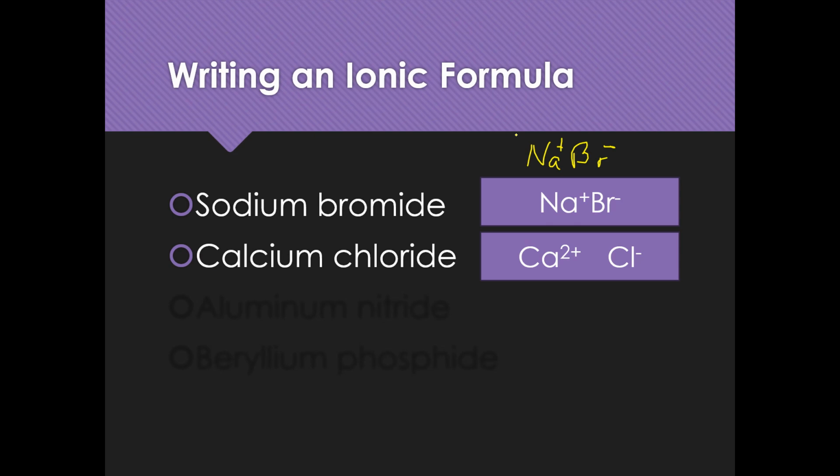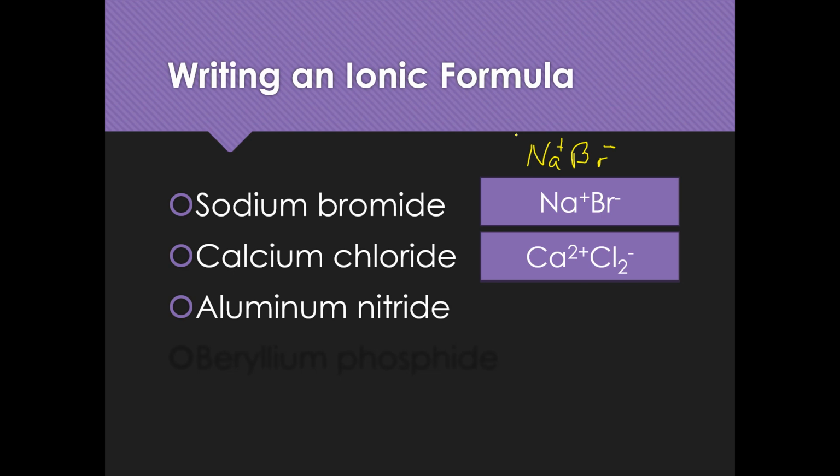Now we don't have the same number of pluses and minuses, so this is where we'd have to do the crisscross. When we do the crisscross, we take the 2 from the calcium and put it down here as a subscript, and we can move the invisible 1 over, but I'm not going to. So now, in order for the compound to be balanced, I have to have 1 calcium and 2 chlorines. So the correct formula for calcium chloride is Ca2+, Cl-, with a subscript 2.